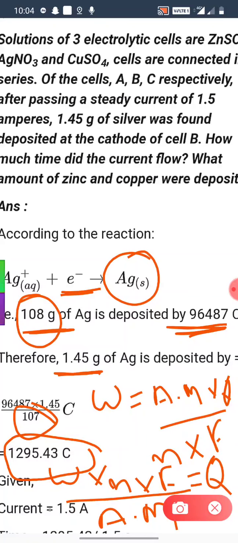When you use 96500 in place of 96487, there can be a slight variation in the answer, and whether to use 108 or 107 depends upon the value given in the question. So this much calculation is done.